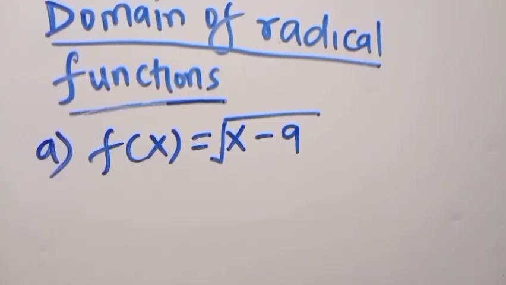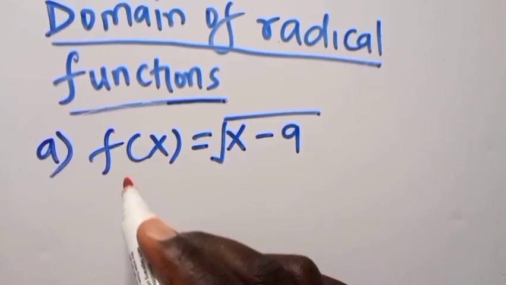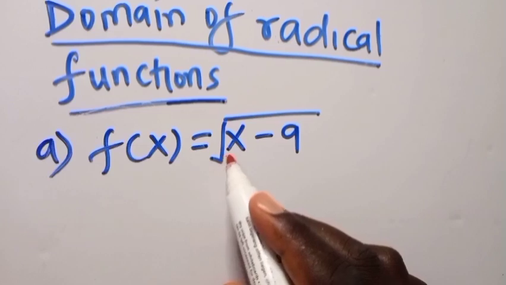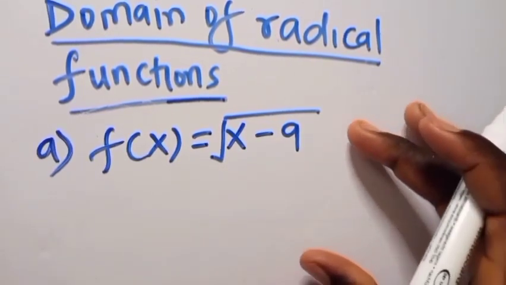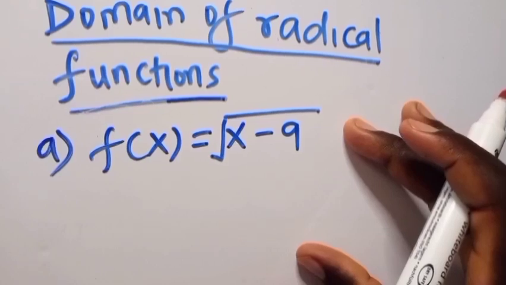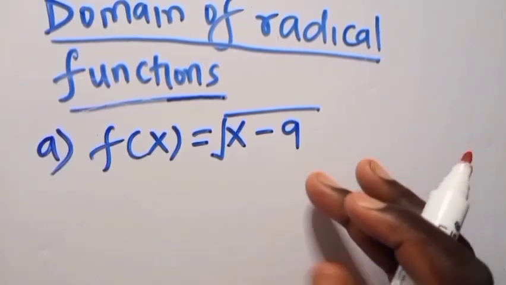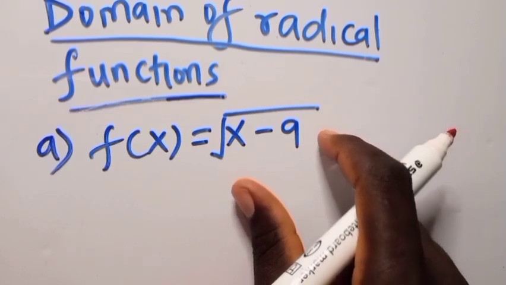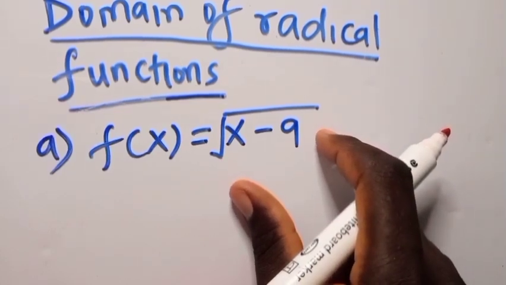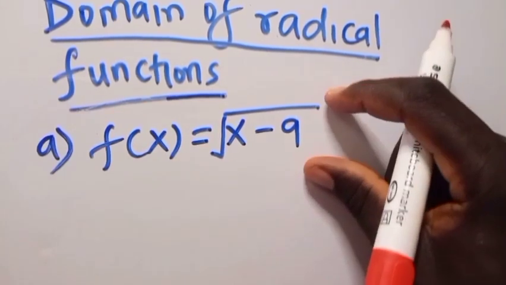Now, let us find the domain of this function. This is f of x equals the square root of x minus 9. Considering the two rules, especially the second rule, because the first one says that we cannot divide by 0, and in this case, we don't have a fraction.